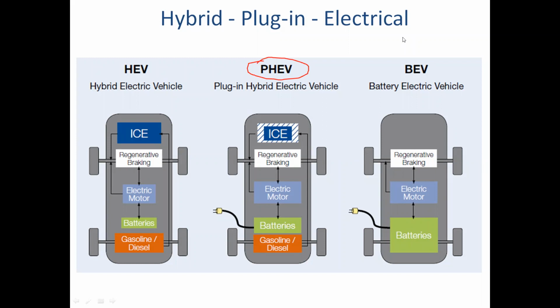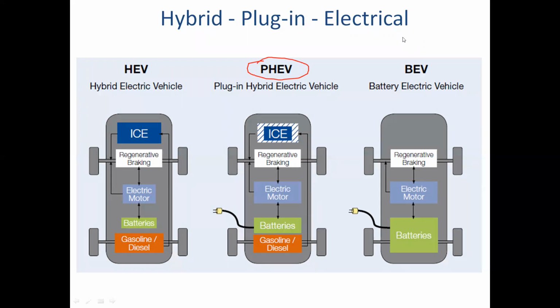You can see that the IC engine is reduced in size. Now you can see the ICE is reduced. Now the battery size is also increased. So that is the difference between plug-in and hybrid electrical vehicle.